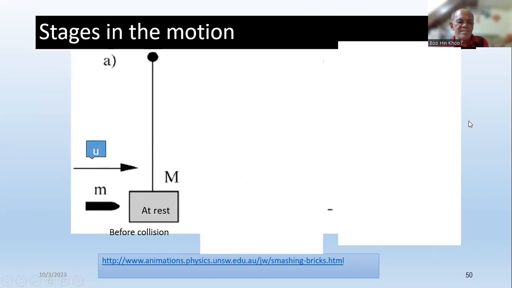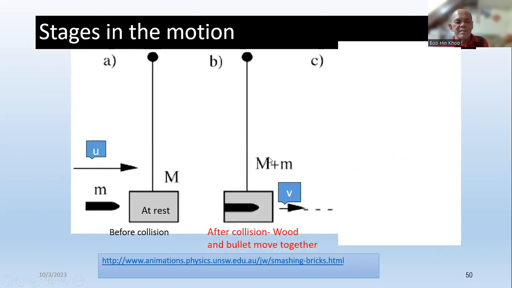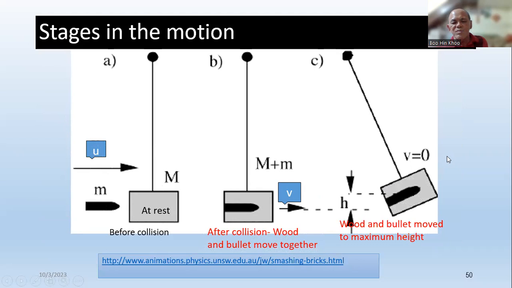Three stages: the bullet is shot into the block at rest. It gets embedded. Total mass moves with velocity v because it has kinetic energy. It will swing to a maximum height where the kinetic energy is 0. That's the height.